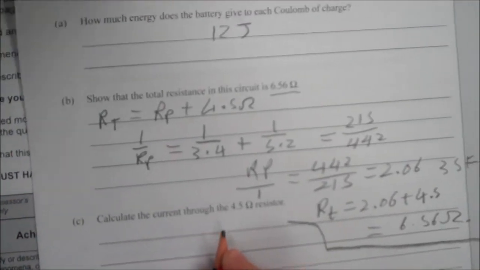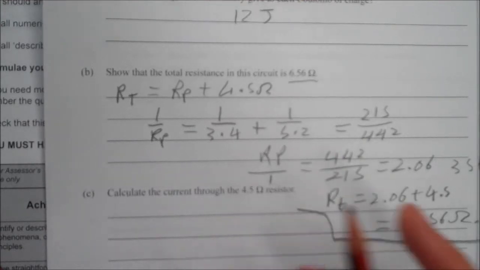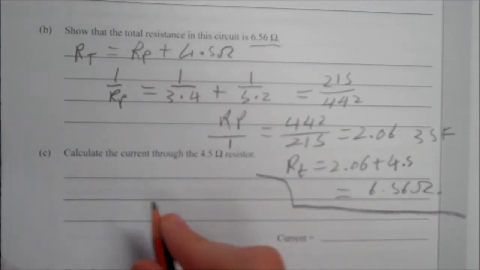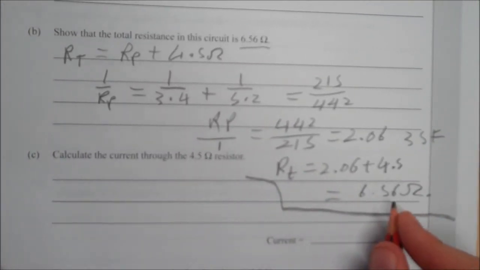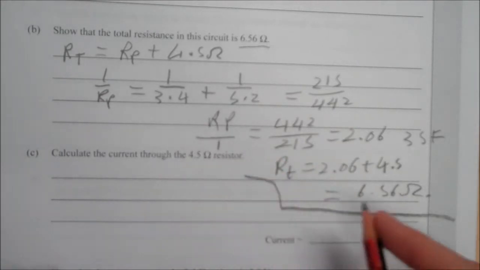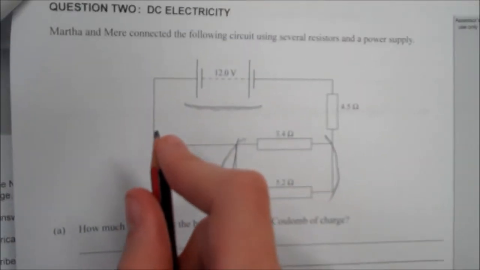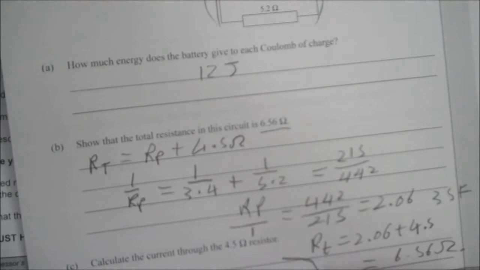Calculate the current through the 4.5 ohm resistor. So now we have the resistance for the entire circuit. Well, they gave it to us before. And we have the voltage. Then we can use Ohm's law to find what the current is.